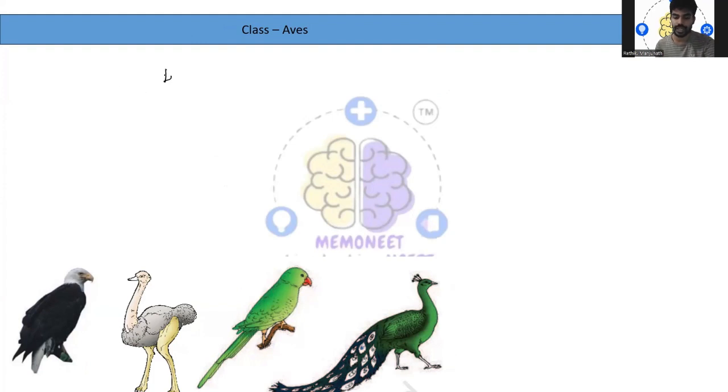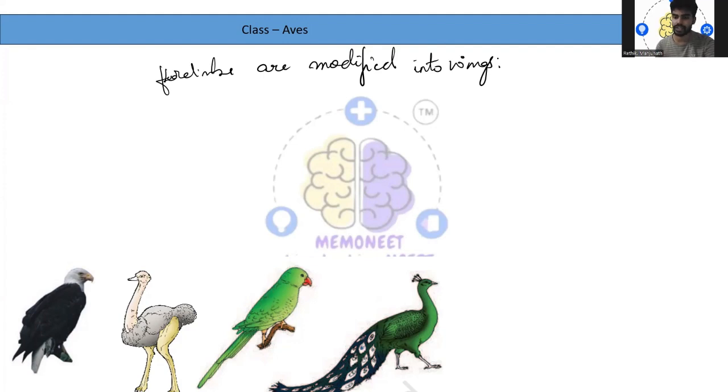The forelimbs are modified into wings, and the hind limbs help in walking, swimming and so on.